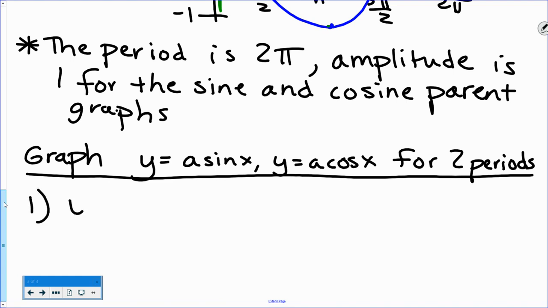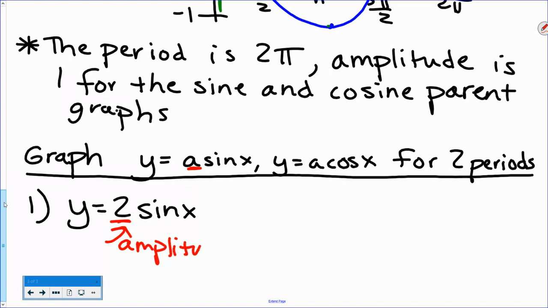Okay, so my first example is y equals 2 times sine of x. So I'm filling in that a value, and this is your amplitude. So my amplitude is 2.